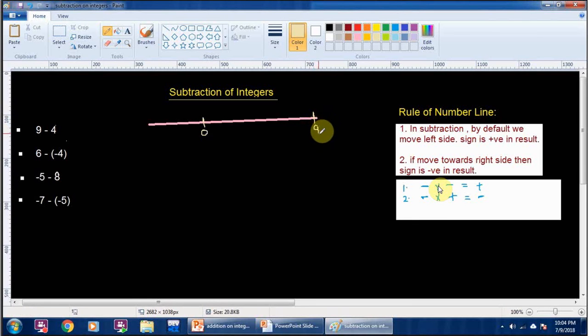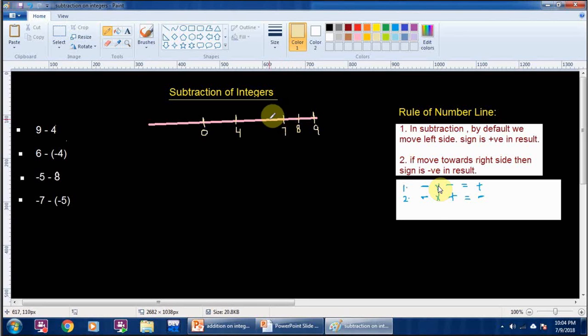This is the 9, which is my starting point, and I have to subtract 4. 4 is my target point, which is again on the positive side. I have to move from the starting point toward 4. This is my final target value.